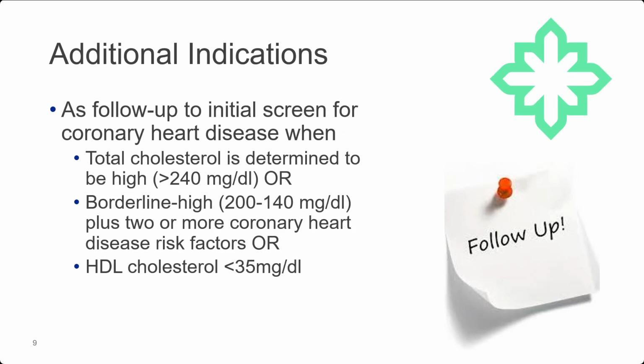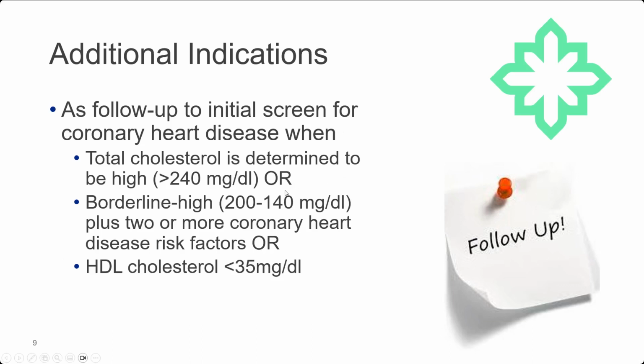So high, greater than 240, or borderline high, in that range of 200 to 240. Plus, 2 or more coronary heart disease risk factors, or an HDL less than 35.